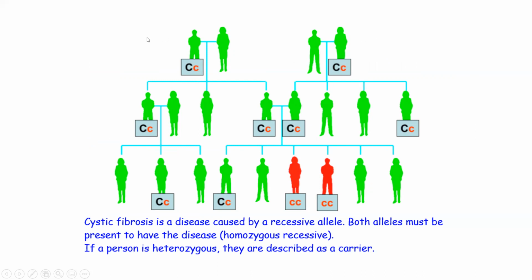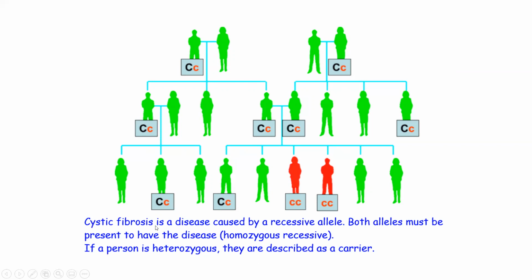So up at the very top, this is going to be our parent generation, so we would consider that to be P. This generation would be the F1 generation, and this generation would be the F2 generation. Now this pedigree chart is showing us information about a disease.